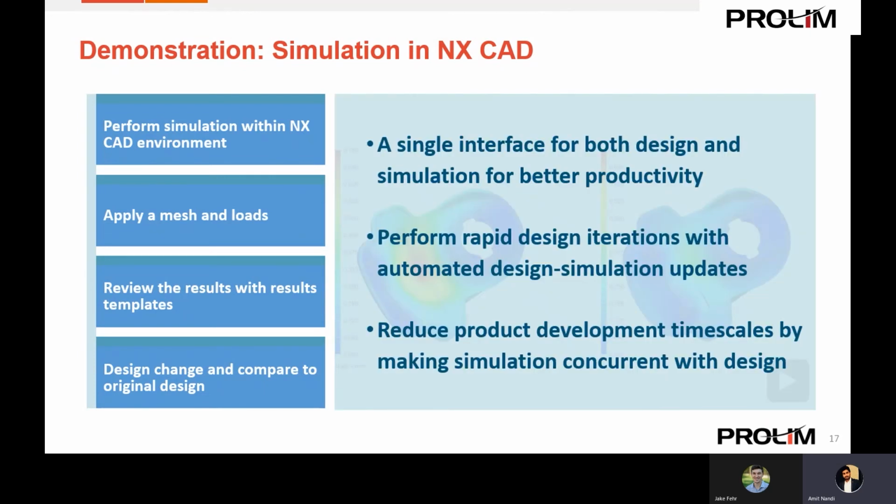As I said, this being a single interface for both design and simulation, it will give you better productivity in terms of product development, and perform what if scenarios very quickly, and then get the design verified with the different conditions, and it reduces the overall product development time by making simulation concurrent with the design.